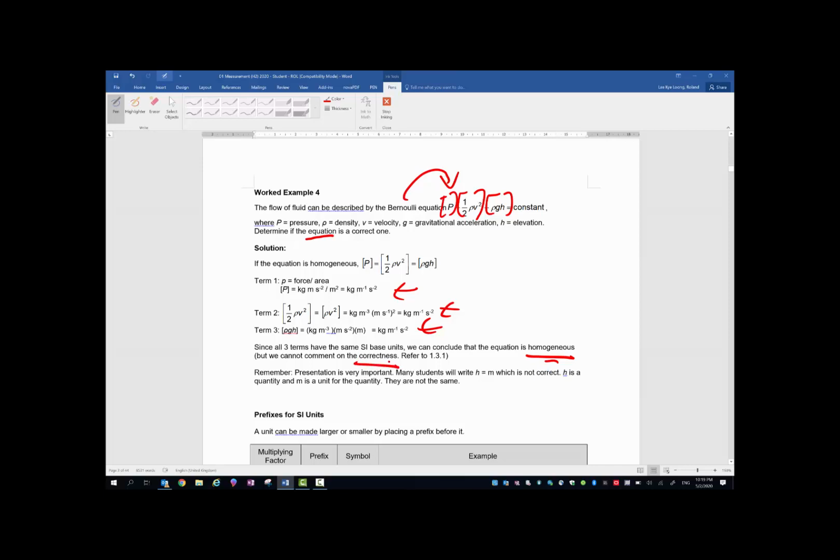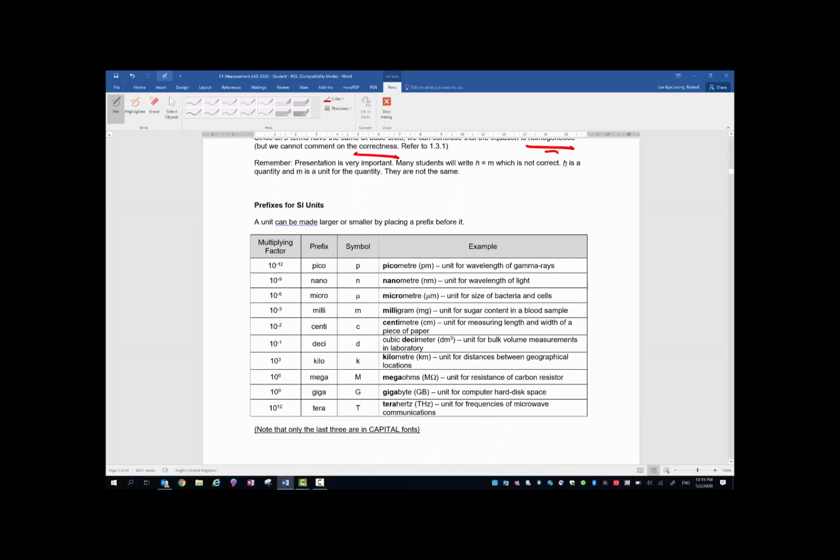So just remember, if they ask you whether it is correct, in this case you cannot comment whether it's correct, but you can prove that it is homogeneous. So your conclusion must be the only thing that you can prove. In this case you must mention that it is homogeneous, but it cannot be certain if it is correct.